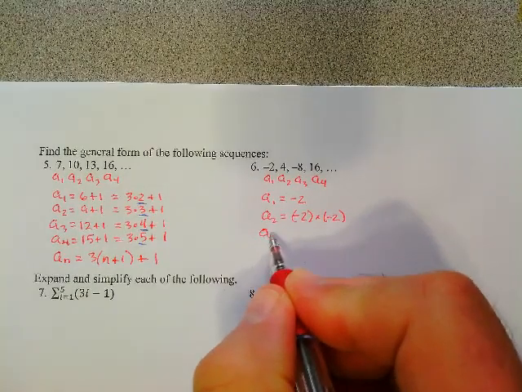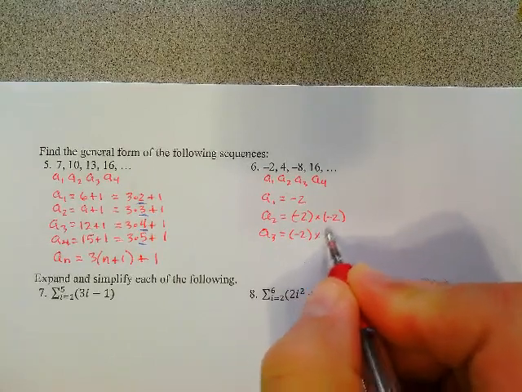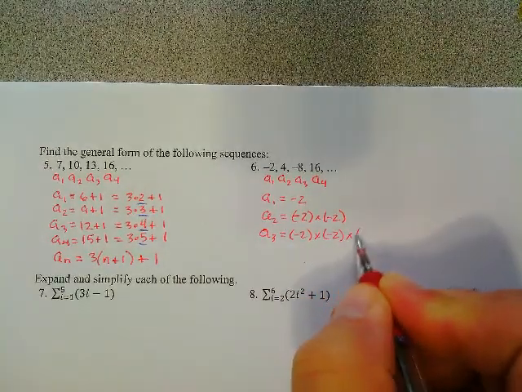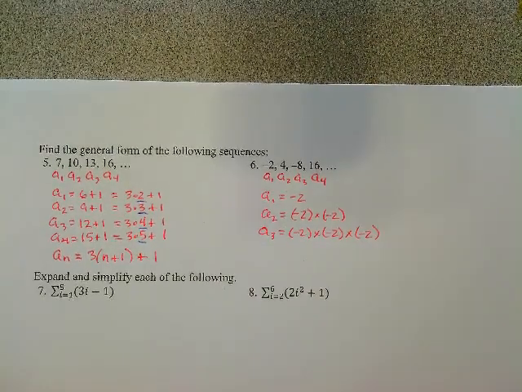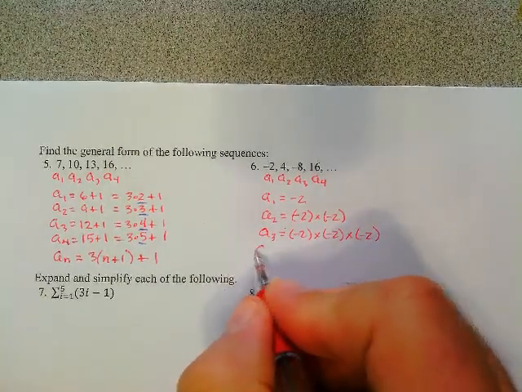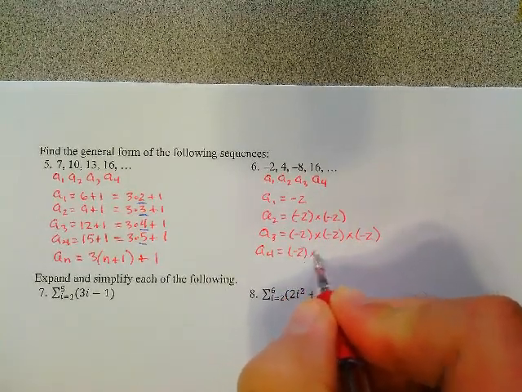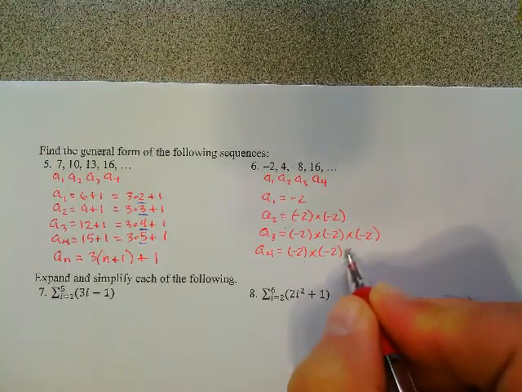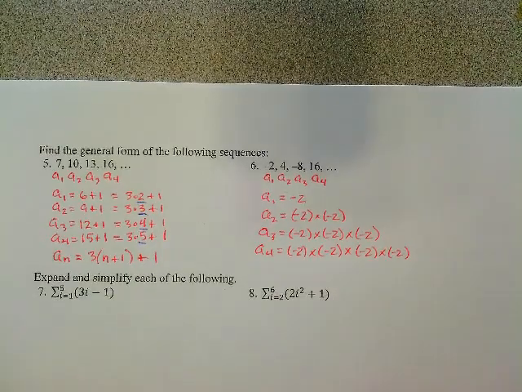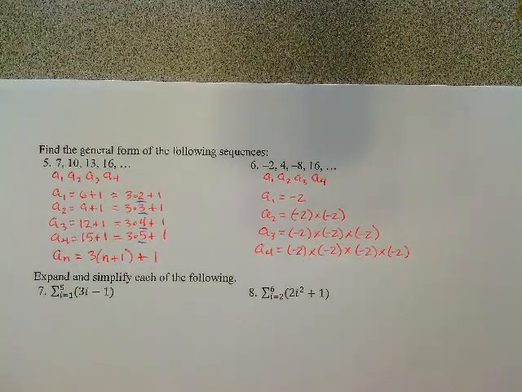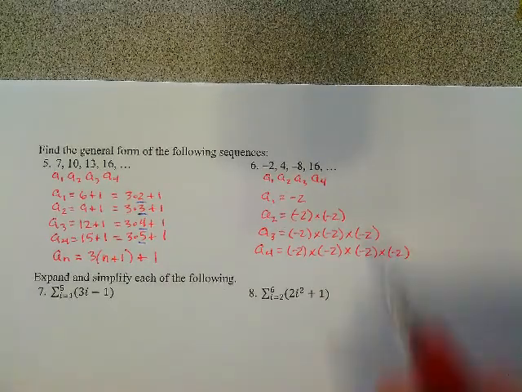And then, oh, wait a minute, A3 then would be negative 2 times a negative 2 times a negative 2. 3 negatives, that gives me my 8. And then A4, I'm back to, hey, negative 2 times negative 2, negative 2, and then times negative 2 again. And since I have 4 negative signs, that'll be positive. 2 times 2, that's 4. 4 times 4, that's my 16.